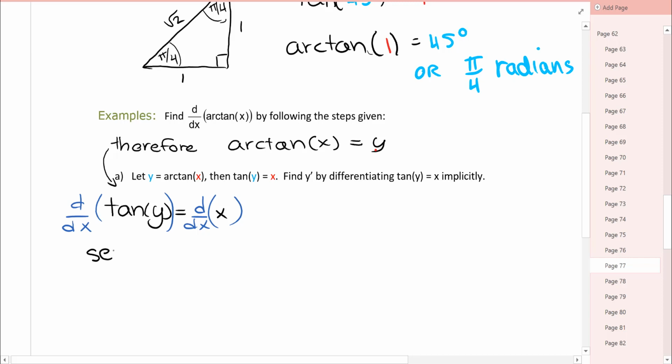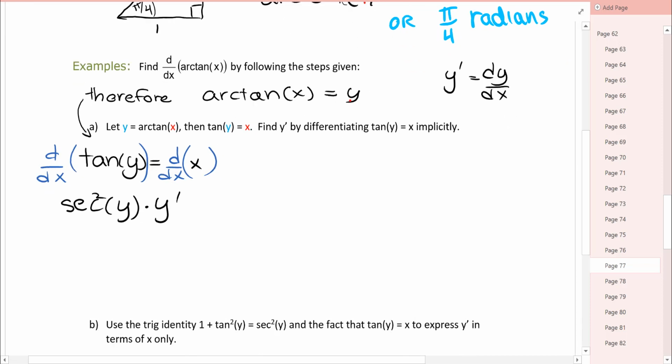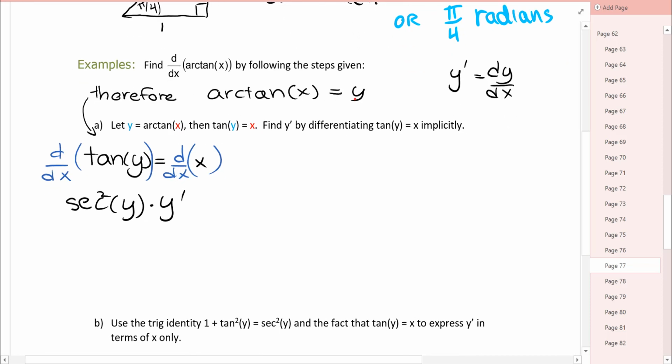So this is going to be secant squared y times y prime, or if you want, you could call it dy dx. Because y is arctan x, it's going to be the derivative of arctan. And on the other side, we just get 1.